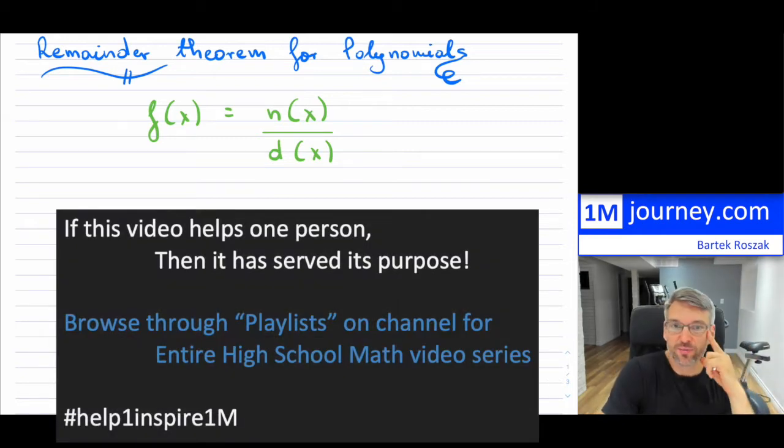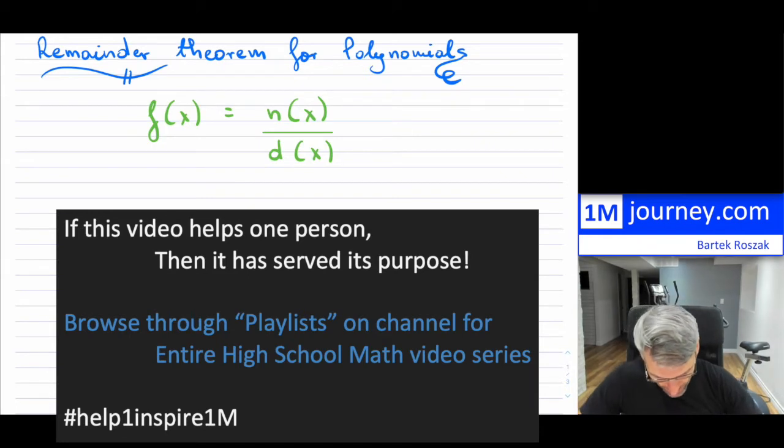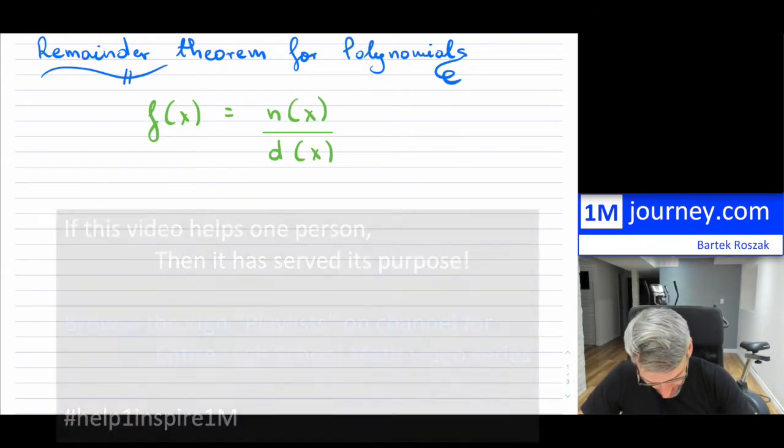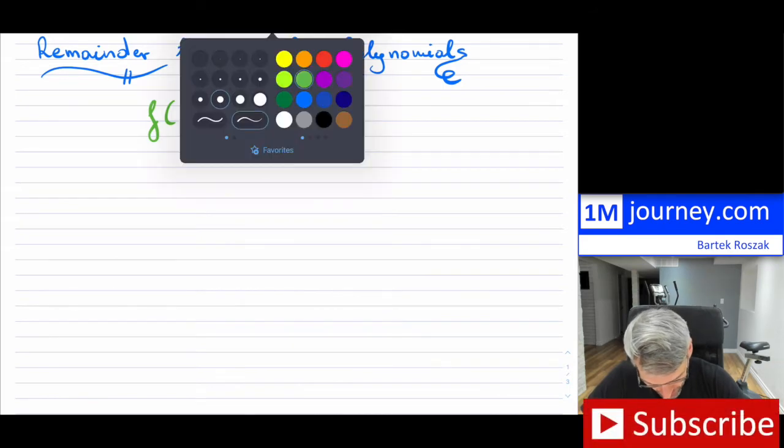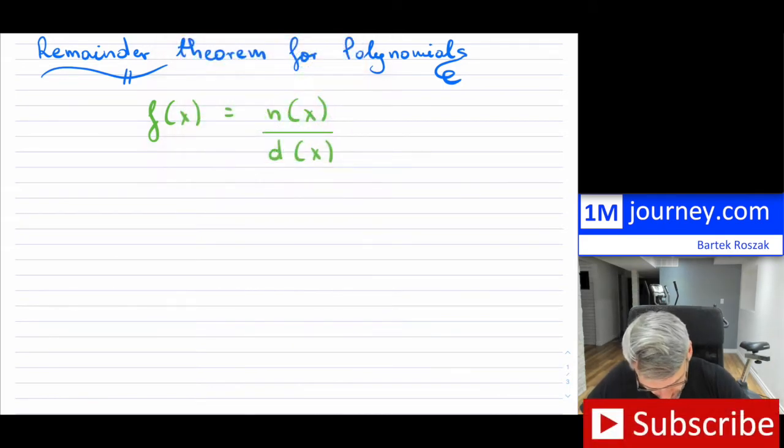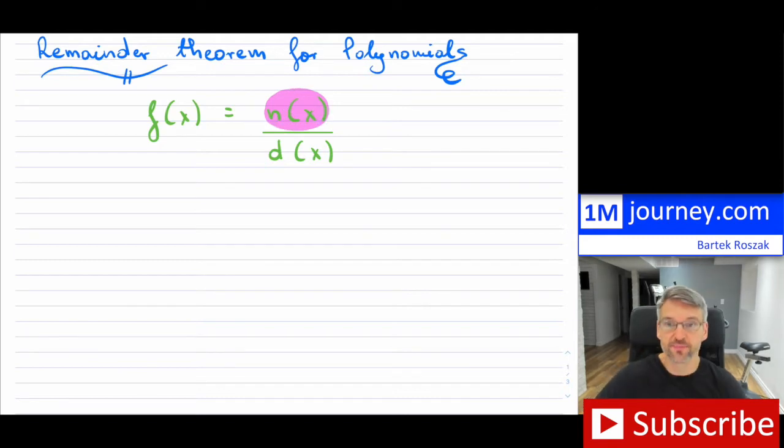Remainder theorem for polynomials. So I'm going to assume first that we have some functions or even some expression where your numerator, which I designated n of x, and then we have our denominator d of x.